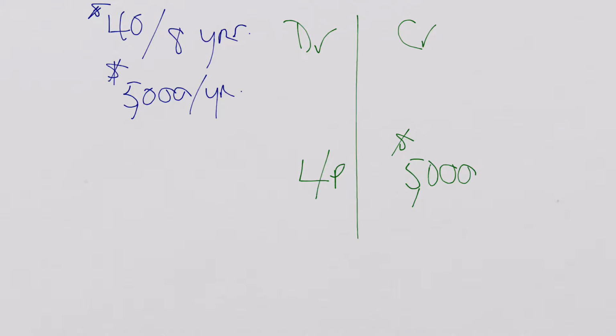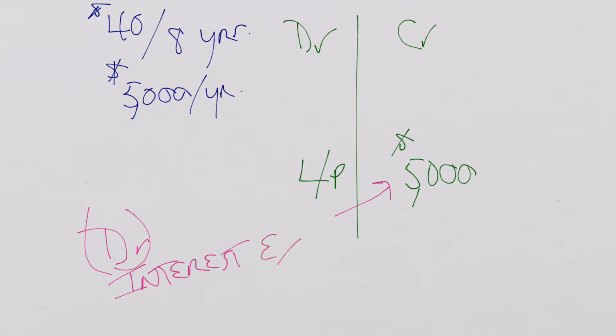So if that's a credit, we need an offsetting debit, and that'll be to interest expense for 5K. That's our adjustment every year, our amortization adjustment every year.